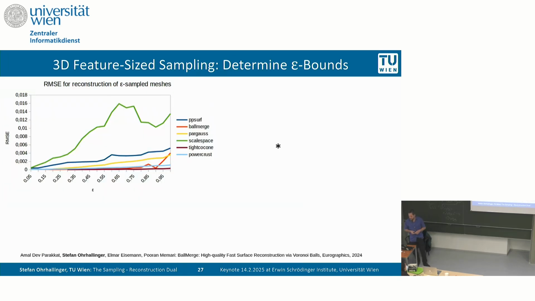Also, an application similar to 2D is to determine for surface reconstruction algorithms what kind of epsilon they can handle, or how many samples they need in order to reconstruct this. Some fail and have a large error, so this correct reconstruction is more complex in 3D.